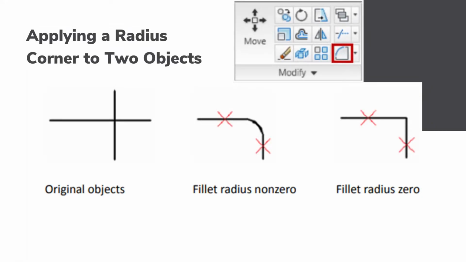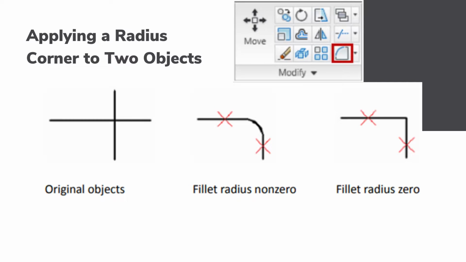So in these figures, it shows that the first figure is the original objects. The second figure shows that the fillet radius is non-zero. And the third image is by using the fillet command with a radius of 0.